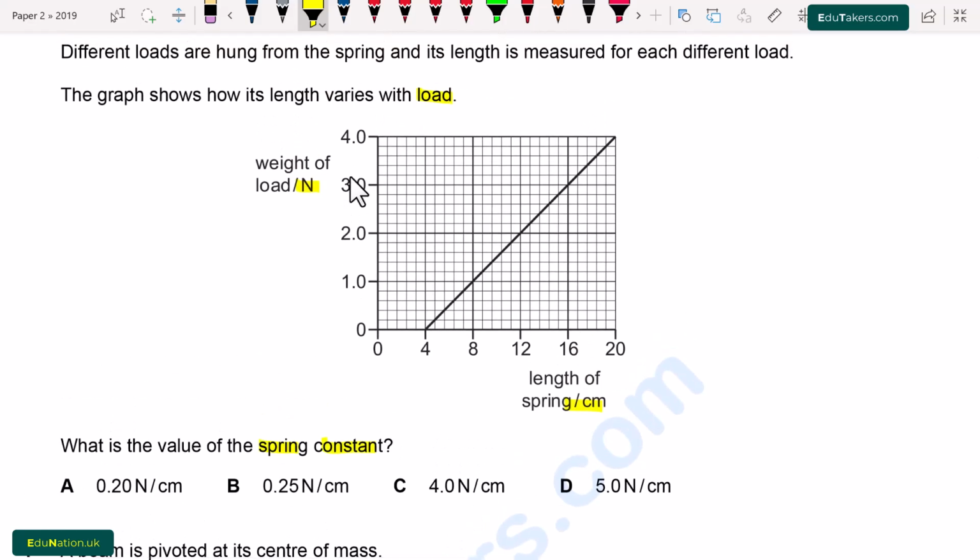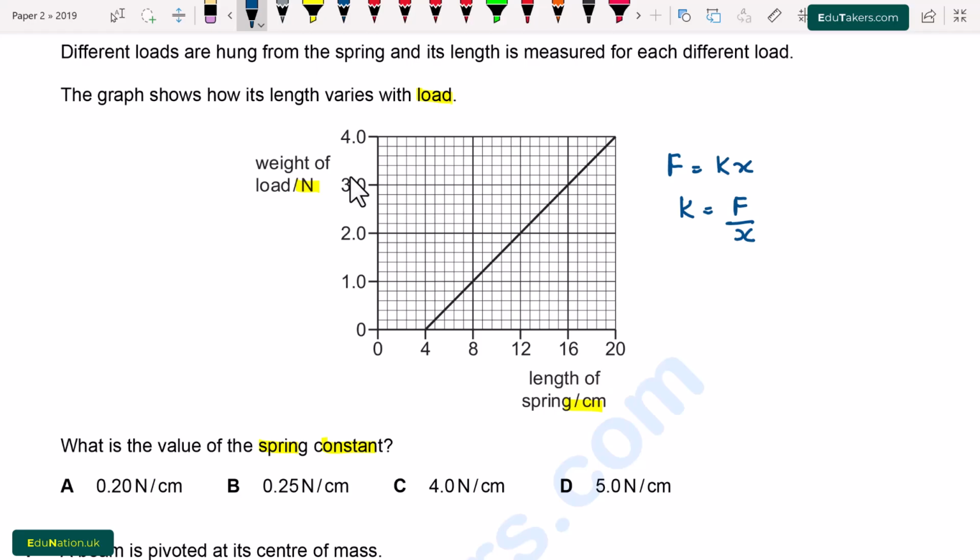I use here Hooke's law. F is equal to Kx. K is the spring constant, F is the weight of the load and X is length of the spring. So from here K is equal to F over X. I take any 2 points on this curve and then find out the slope in order to get the value of spring constant.